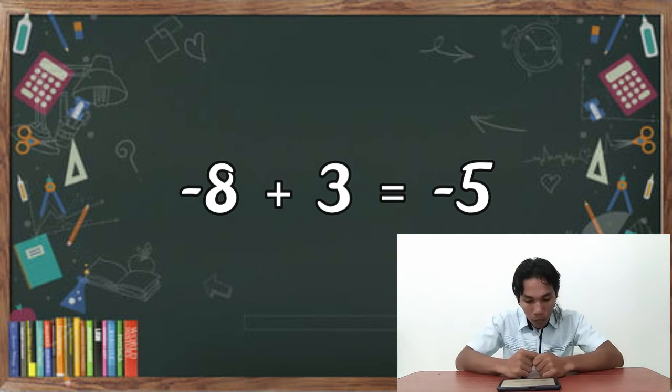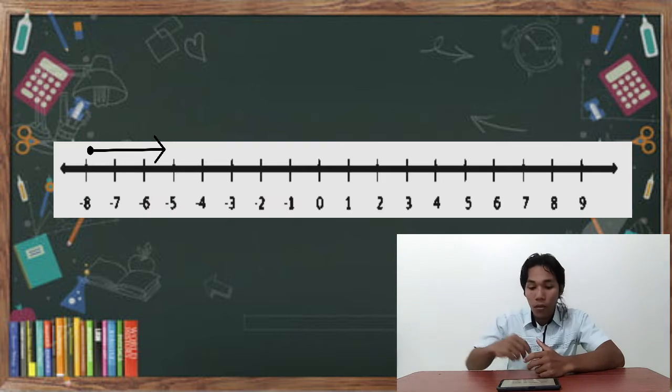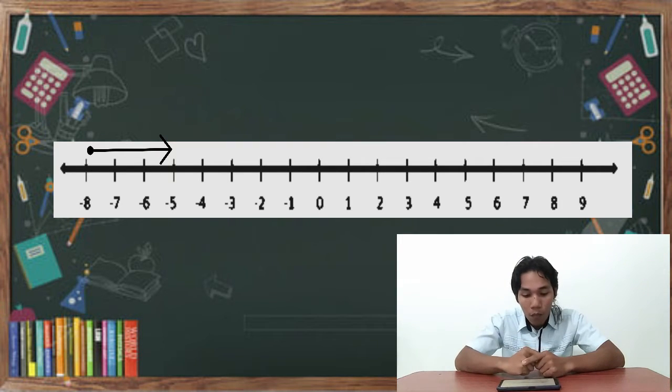Okay, we will represent this example on the number line. You can see above that from negative 8, negative 8 plus 3, we will count to the right side because negative 8 is added to positive 3.